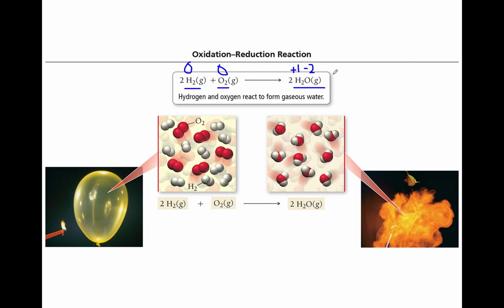I know you're used to oxides being -2, so that doesn't look new, but this is a new thing because it's giving positive, negative numbers to covalent compounds. So then, of course, we can say 0 to +1, oxidation, 0 to -1 or -2 is reduction. So this is what happens in oxidation reduction reactions.